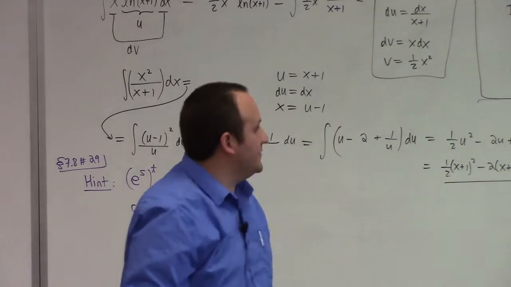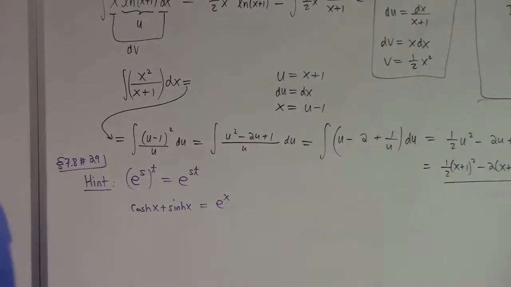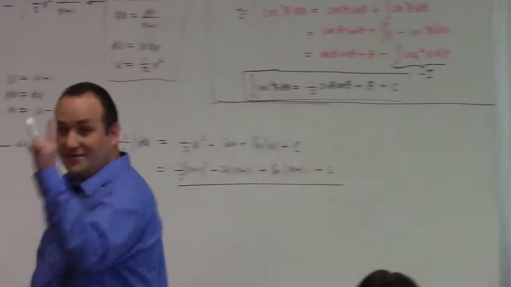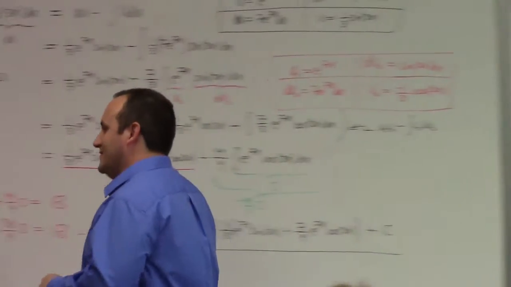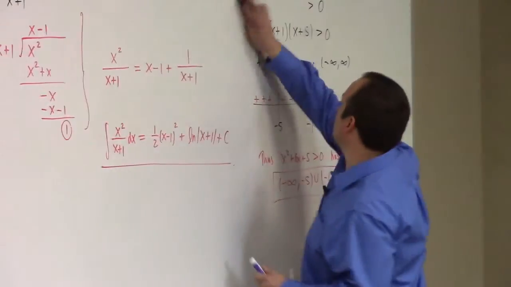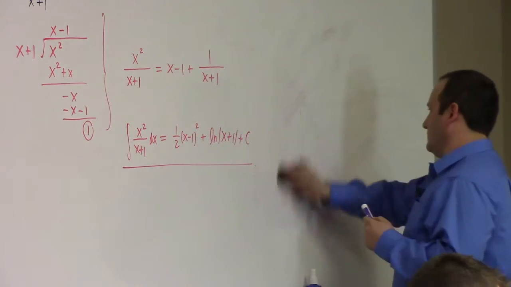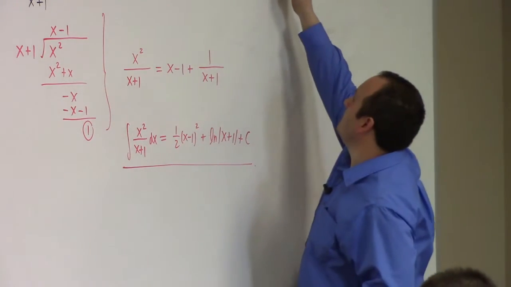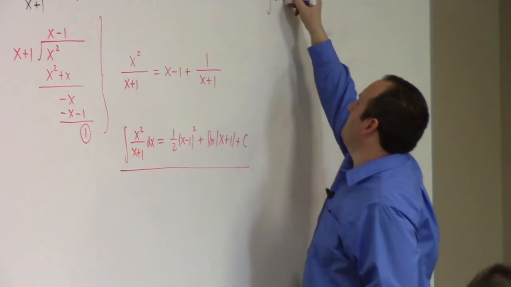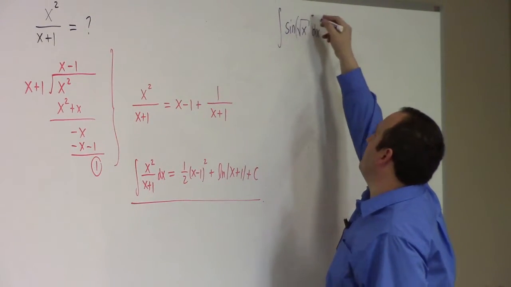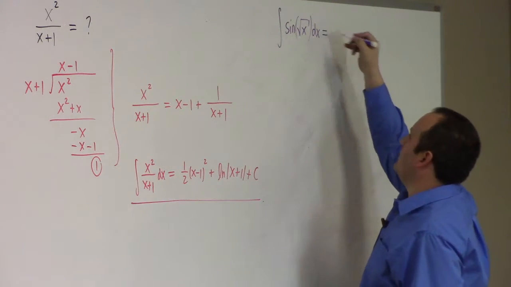Cosine of the square root of x. All right, so if only I could think of a similar problem which I could work, which wouldn't be exactly the same problem. How about sine of the square root of x? That should be the same, but different. Now, what's the hint?